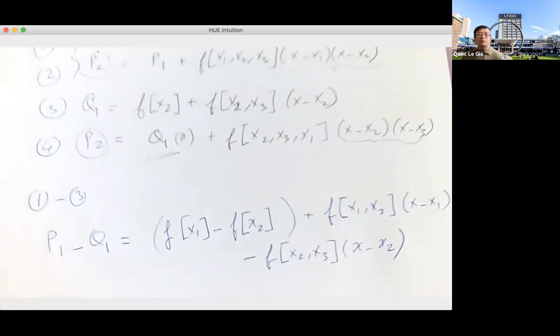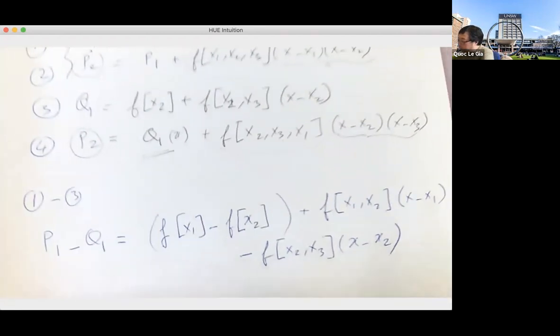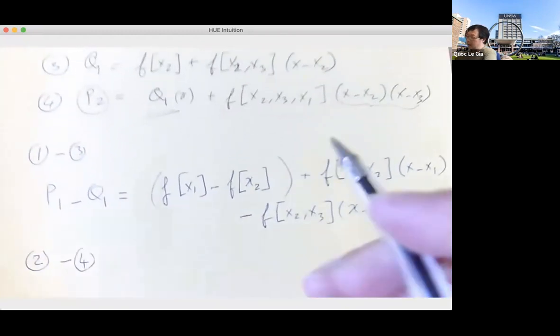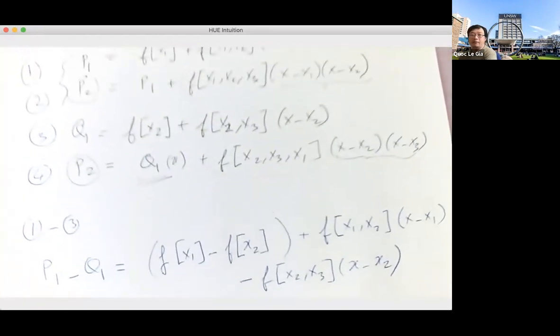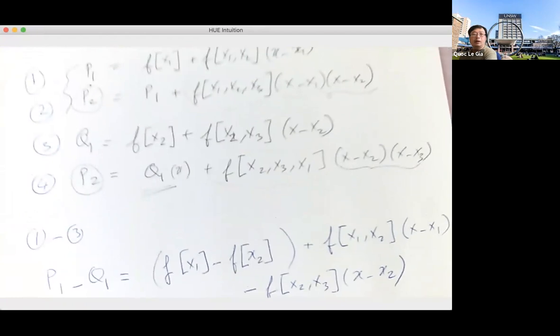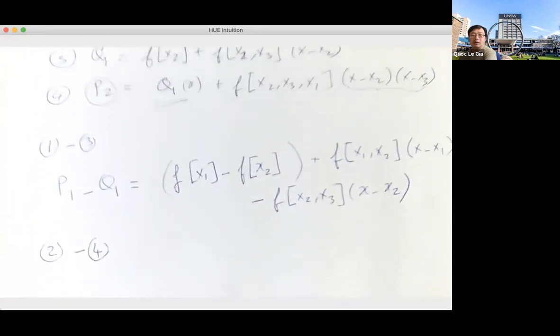Now if I take 2 minus 4, you can see that the left hand sides are the same. So if I take the difference, it just equals 0.